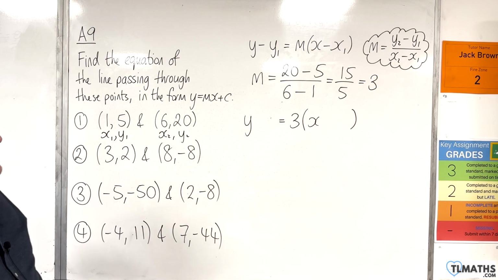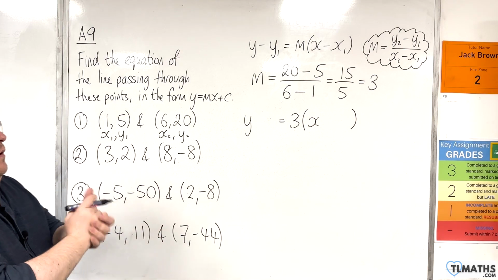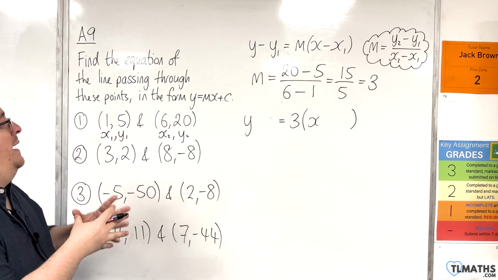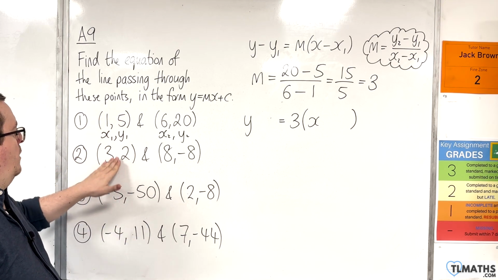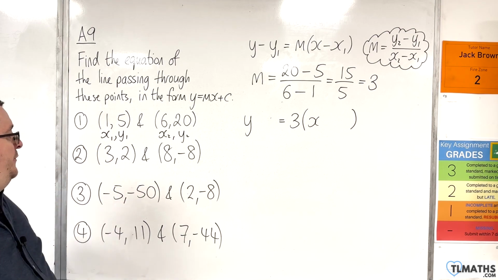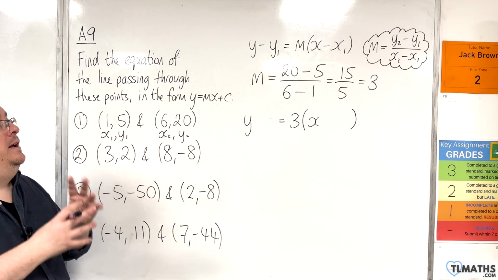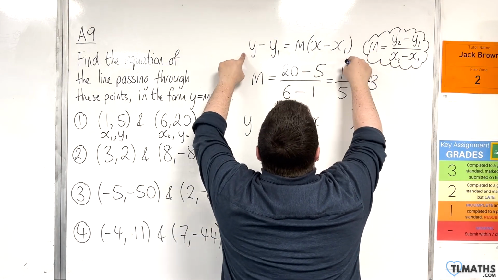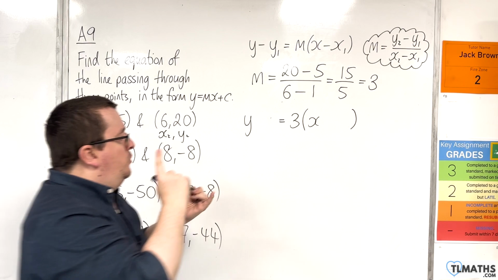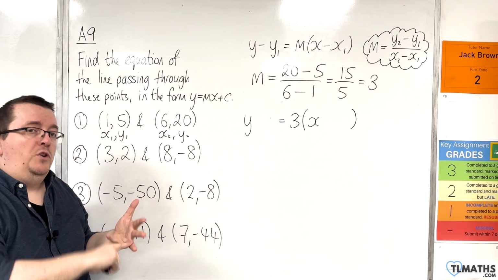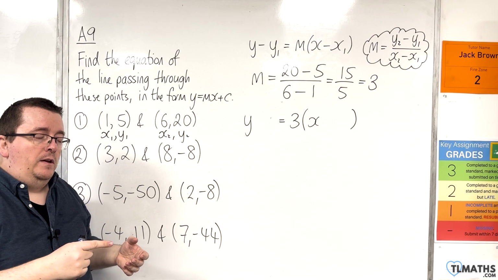Now you'll be forgiven for thinking that I always have to use x1, y1 as the point that I substitute in. But actually, this formula is separate to that one. This formula is saying you just need the gradient, m, and a point that the line goes through, which I'm calling x1, y1.